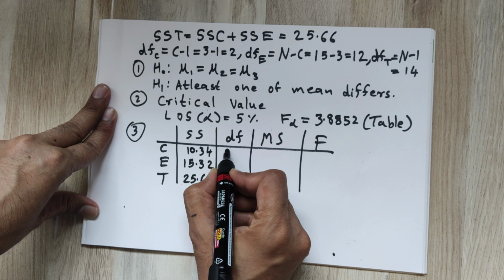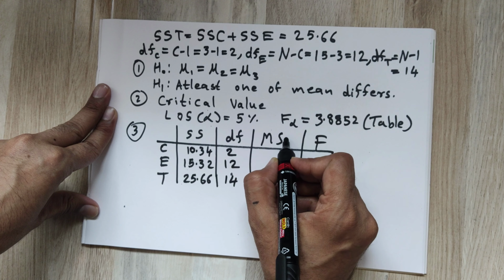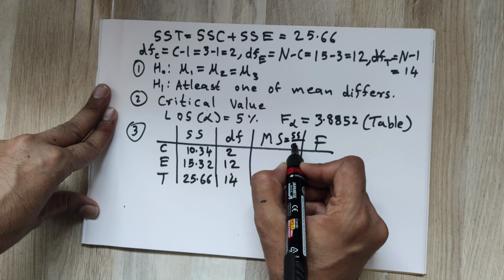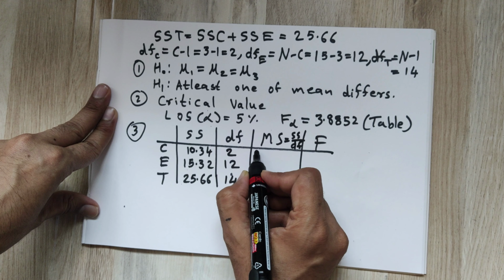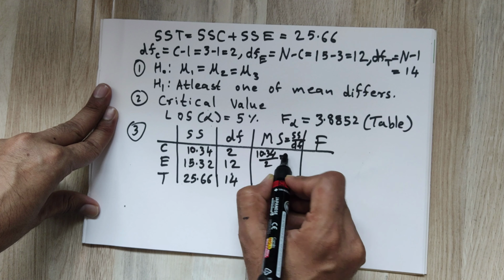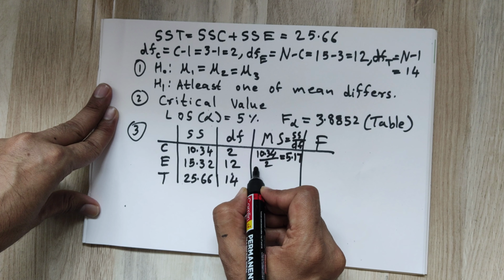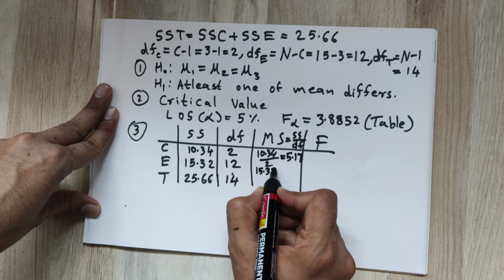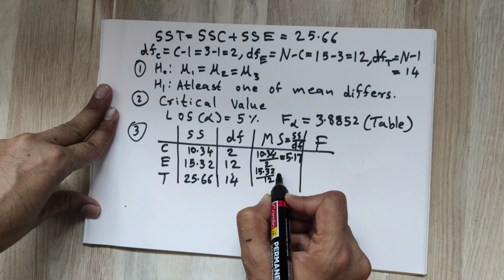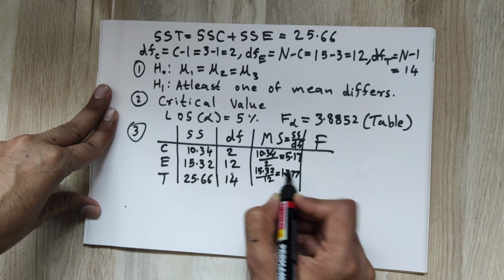Degrees of freedom we have 2, 12 and 14. For mean sum of squares, our formula is sum of squares upon degrees of freedom. So for the first one it will be 10.34 upon 2, that will come out as 5.17. For the error we have 15.32 upon 12, that will come out as 1.277.